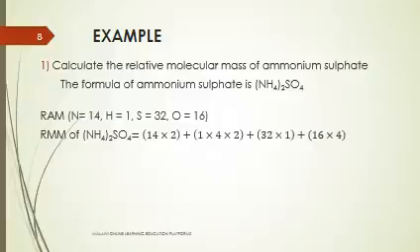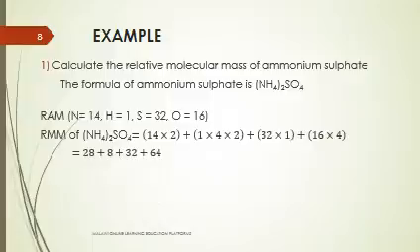That's why we have written 14 times 2. For hydrogen, we have 4 atoms there, and we also have 2 outside there. So 2 times 4, times the relative atomic mass of hydrogen, which is 1, and then we have 1 atom of sulfur, and we also have 4 atoms of oxygen.